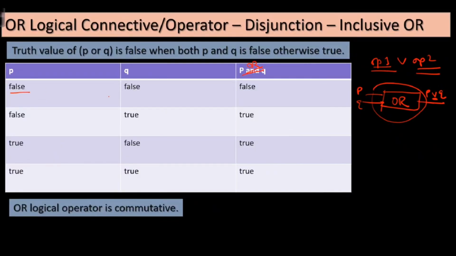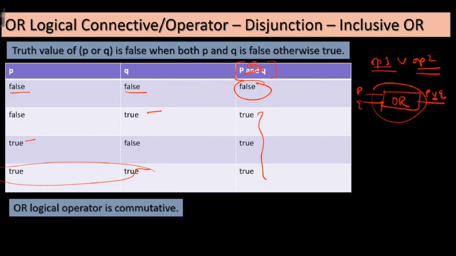As you can see, only when both of them are false is it false. Otherwise, for any other combination of operands where one of the operands is true or both are true, the resulting expression because of joining the two propositional formulas by OR would be true.